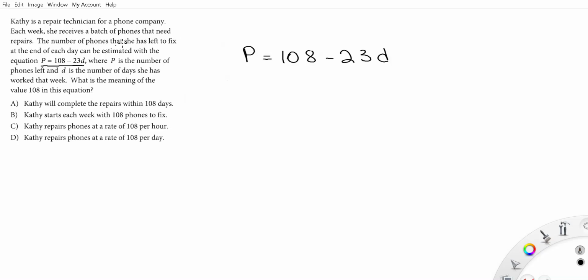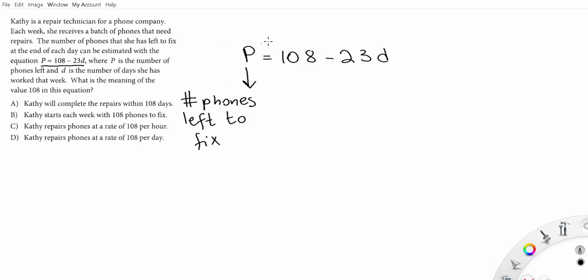The number of phones that she has left to fix at the end of each day can be estimated with the equation P is equal to 108 minus 23D, where P is the number of phones left. Okay, so I'm going to label P as the number of phones left for Kathy to fix.